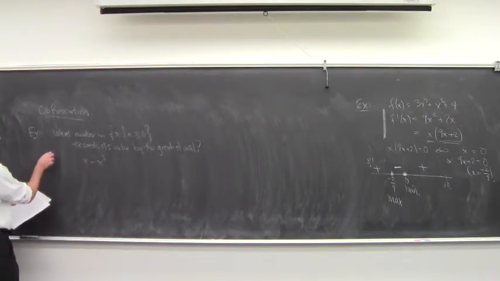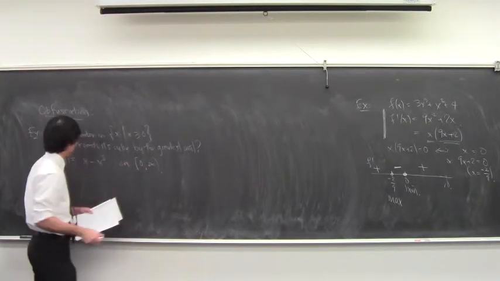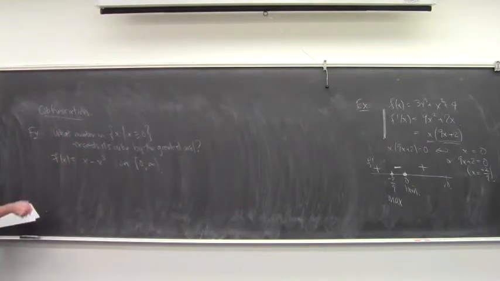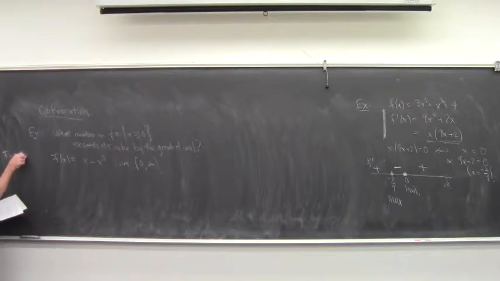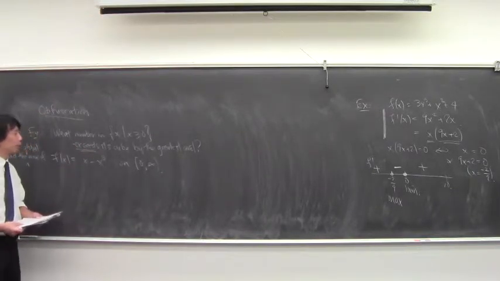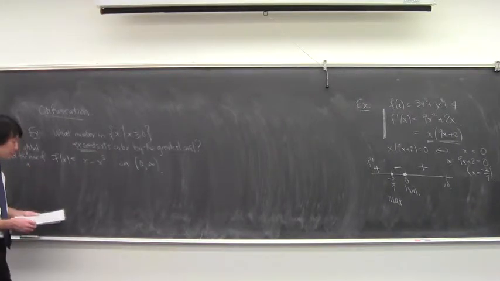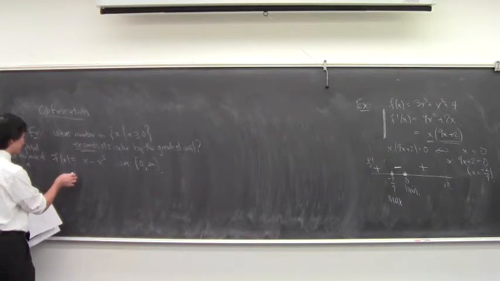Okay. So the function is f of x equals x minus x cubed, and it's on 0 to infinity. And the question really is find the global max of this thing. So this word exceed is your cue that you need to look at the difference between yourself and your cube. So what do we do?